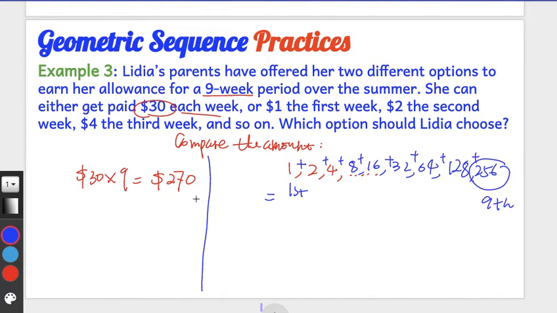So for the total 9 weeks here, we only get $270, right? That's all the money. But for this one, if I already get that much in this week, and I compare to that, of course, we don't need to know the final answer here, but we know the total amount is going to be bigger than this one.